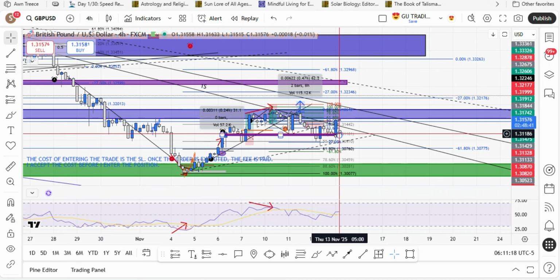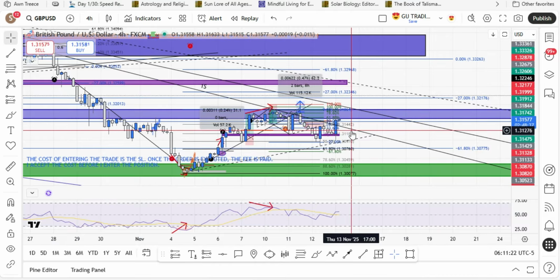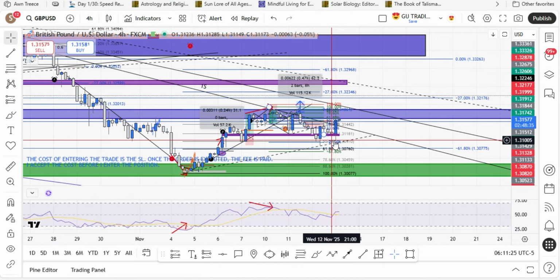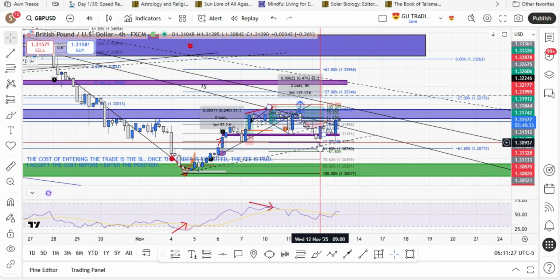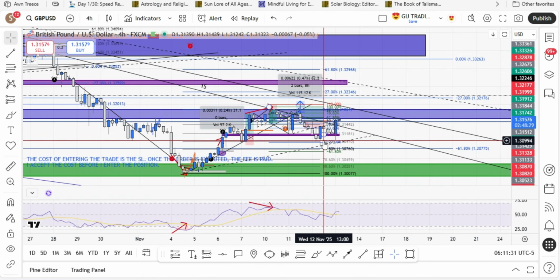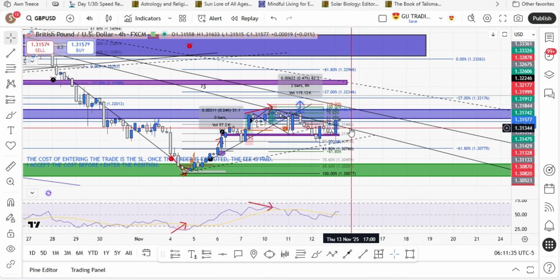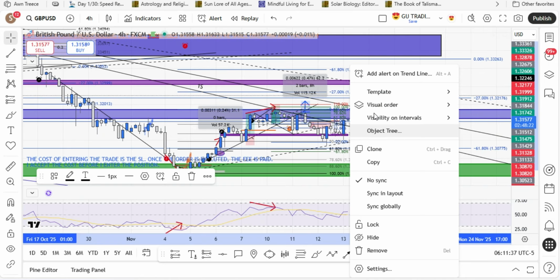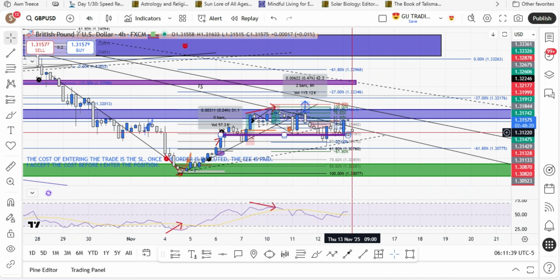Let's see, nice bullish candle with a little wick at the bottom, a wick right here too. That is indicating that there are buyers in the market and the sellers are running out.